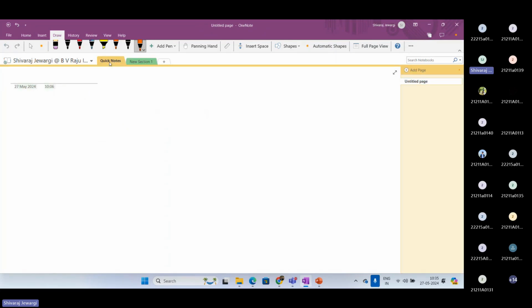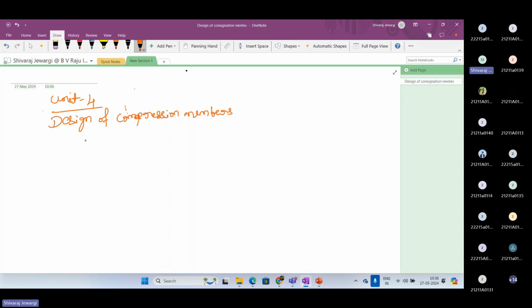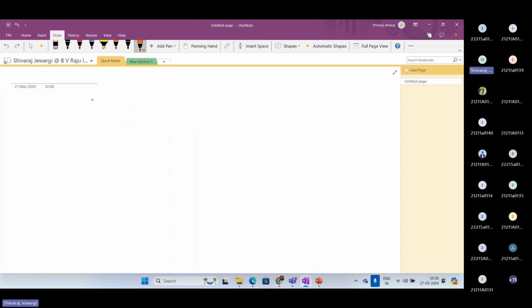Briefly, I will tell you about the tension members. In tension members, the first thing is the failure modes, right? The first is the types of tension member, isn't it? So this is one topic.